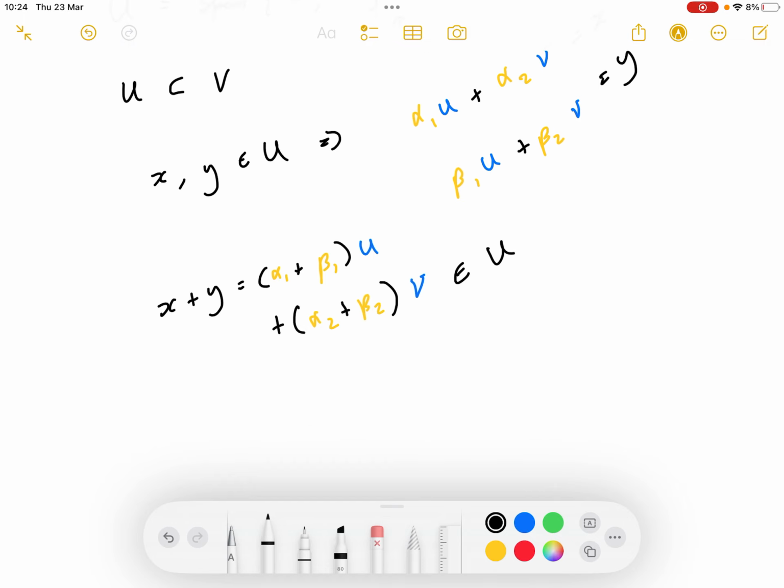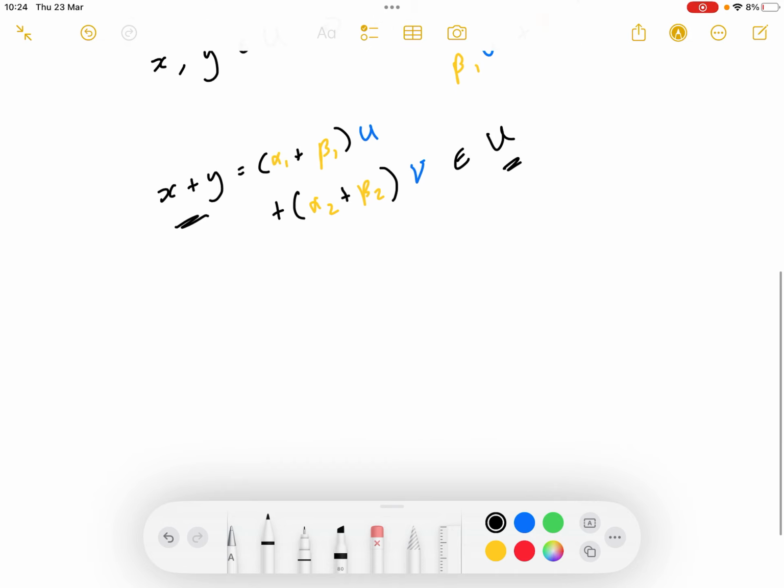And so we have that X plus Y is in U. To be a vector space, we need X plus Y to be in U, and some field element times X to be in U. So we're halfway there. Let's write that down: X plus Y is in the span.